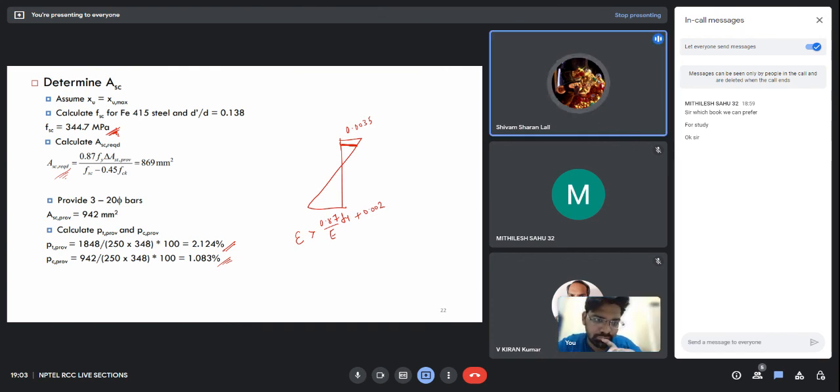So we have created the formula according to the assumption that the stress in the steel is 0.87 fy and it has reached that value. Means the strain has reached that value, and the compression strain is 0.0035, no?